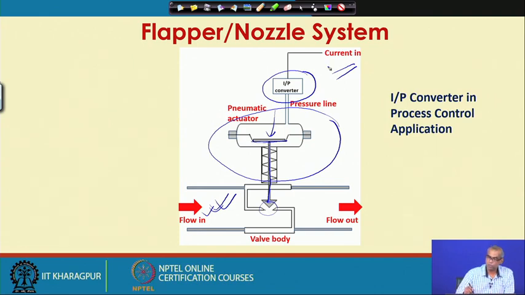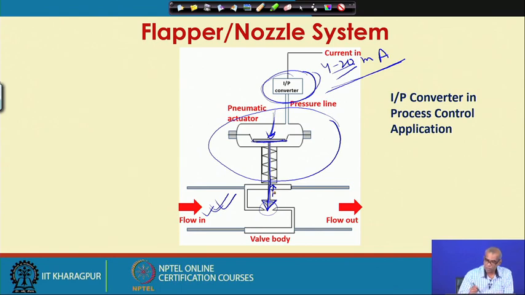The electrical controller will send a signal of 4 to 20 milliampere current. Depending on this current, the IP converter will generate a pressure signal. That pressure signal will go to the diaphragm of the control valve, and accordingly it will push this down or pull it up a little bit.